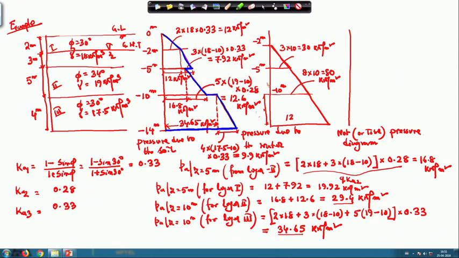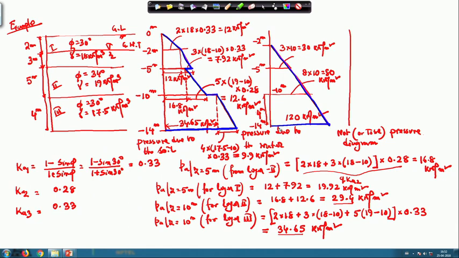So, this is 5 meter, this is 4 meter and this is 3 meter. So, this is 3 meter, this is 5, 8 and this is another 4. So, this is minus 14 meter. So, this one is 12. So, this will be 120 kilonewton per meter square for the water. So, I can draw the pressure diagram due to the water. Okay. So, this is pressure due to the water.